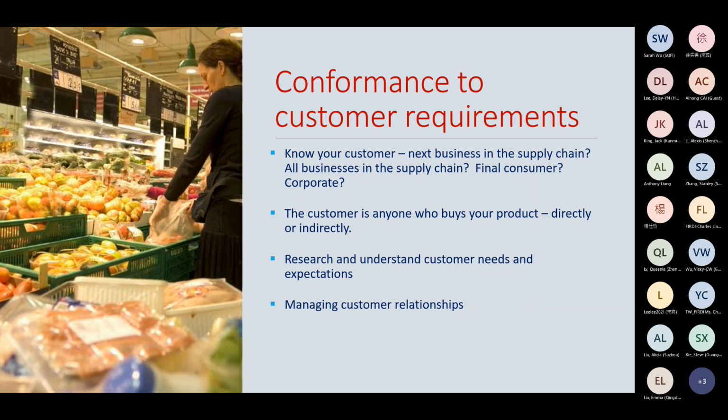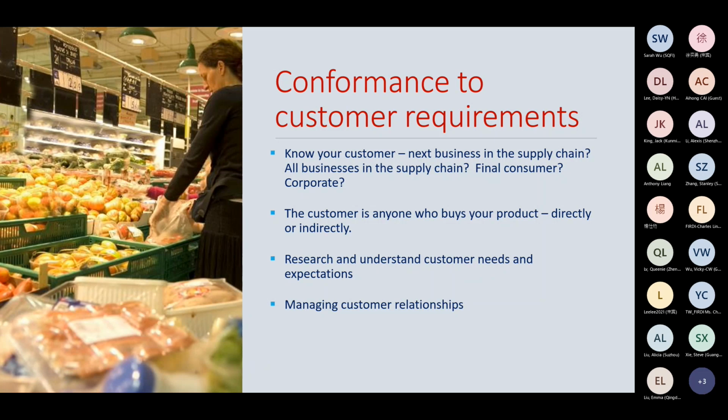And if a manufacturer cannot supply consistently, then that shelf space will be taken up by someone else. So knowing the customer, we expect sites to know their customer, next business in the supply chain, as well as their final consumers. The customer is anyone who buys a product, whether directly or indirectly.